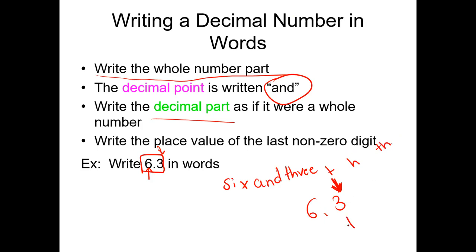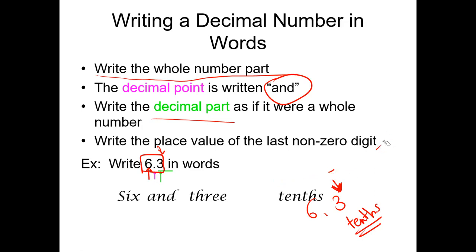So 3 is in the tenth place. So we have to say 6, the whole part, the point, and 3 what? Tenth. So 6 and 3 tenths. We write it in this way. We write the whole part, it's 6. The point is and, the decimal part is 3. What is the place value of 3, the last digit? It's tenth. So 6 and 3 tenths. That's it. Okay?